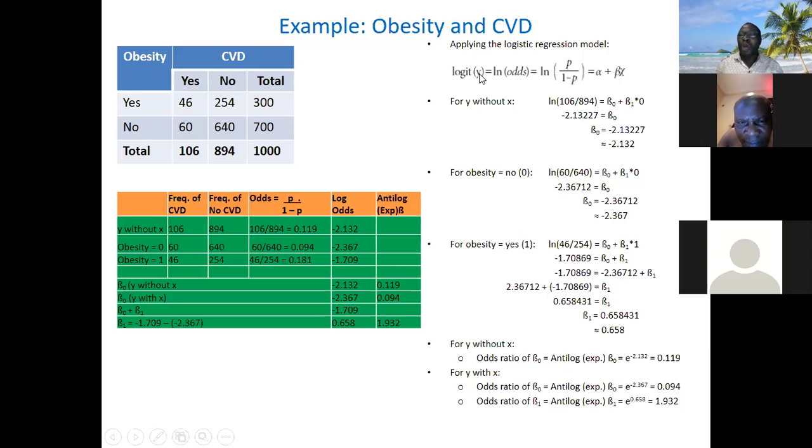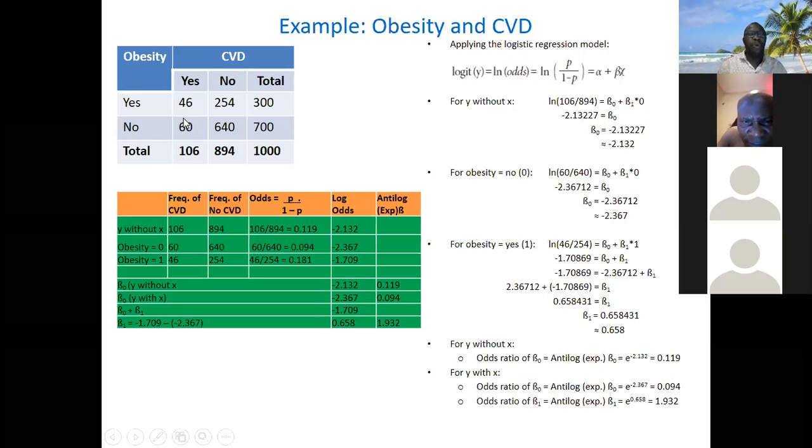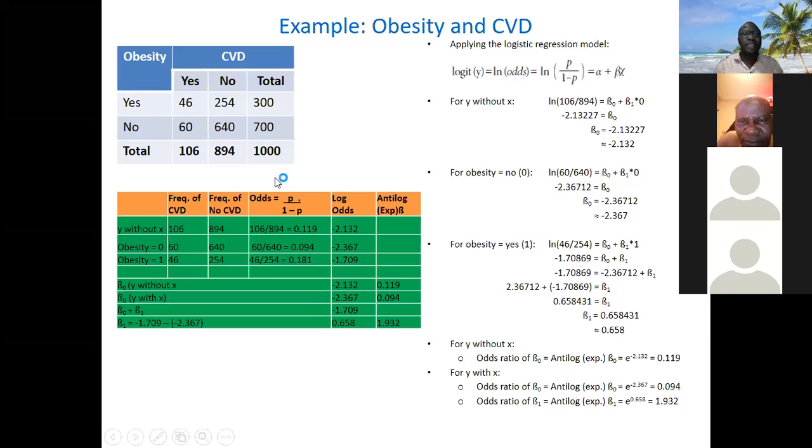Because what you have with you is the probability of, for example in the example we have here, the outcome variable, which is cardiovascular disease. I want you to be able to conceptualize it. The example on this 2 by 2 contingency table is that we have 1,000 people.